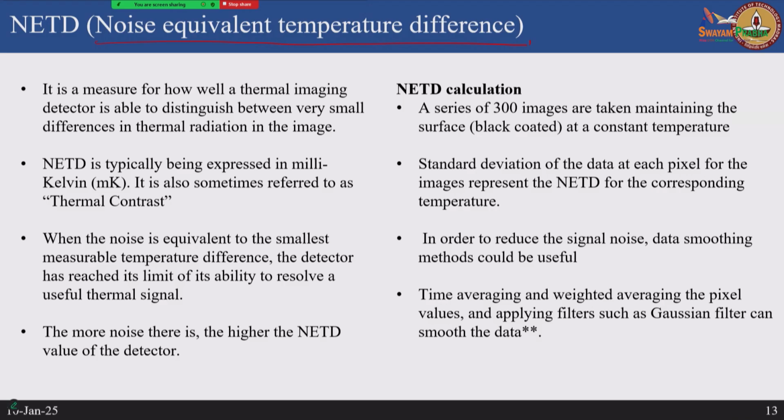If I have a completely uniform image of 300 Kelvin, or a surface which is uniformly isothermal to a very precise value of 300 Kelvin, and I use an IR camera, and now if it is detecting a difference of 0.5 Kelvin, then this has a very large NETD, that means the noise is very large. The noise in terms of temperature difference, so that is what it means. NETD is noise equivalent temperature difference. So what we mean by noise is not the ambient noise, it is the sensitivity of pixels and the difference in the sensitivity of the pixels in picking up this temperature difference.